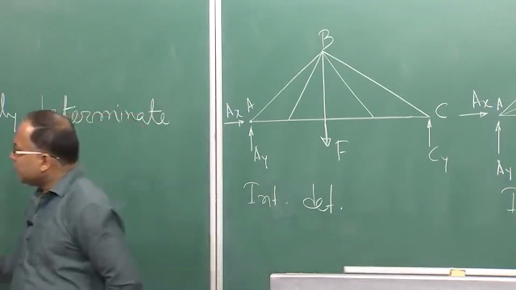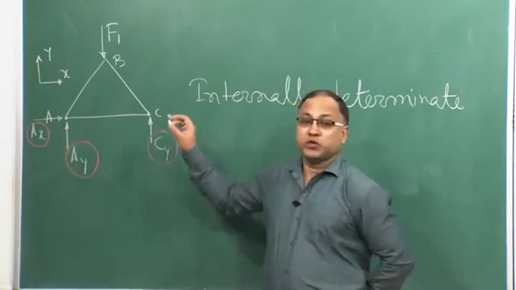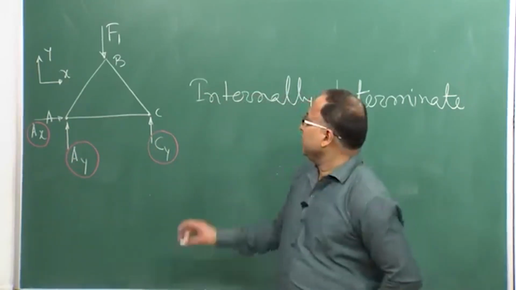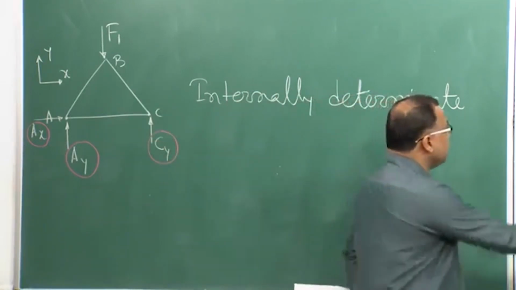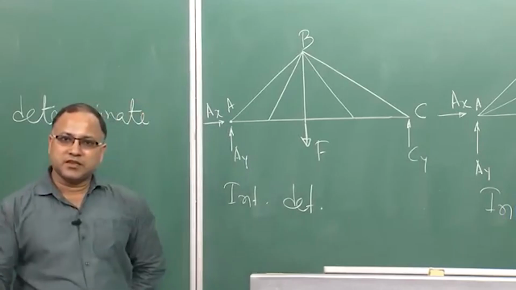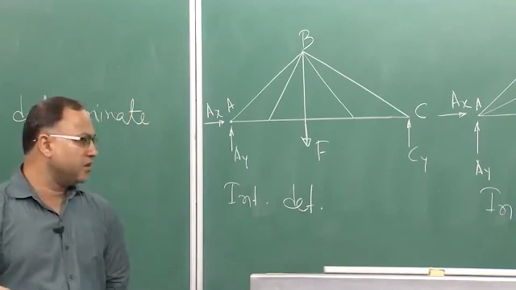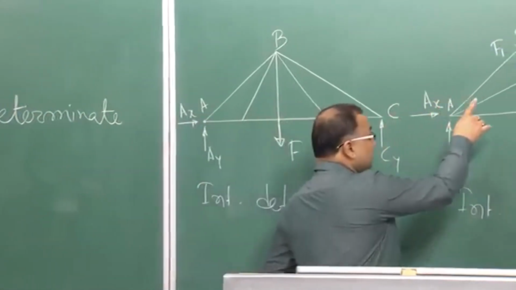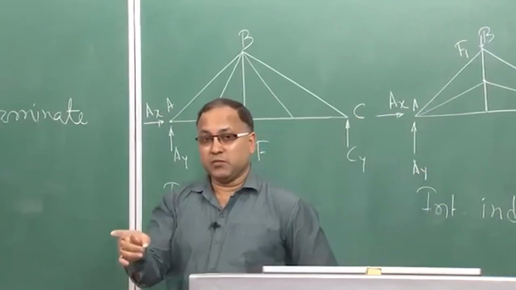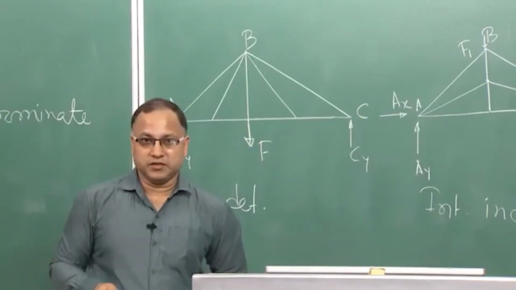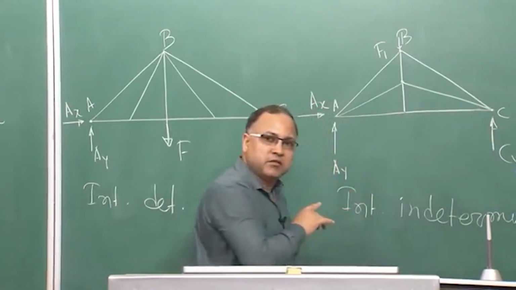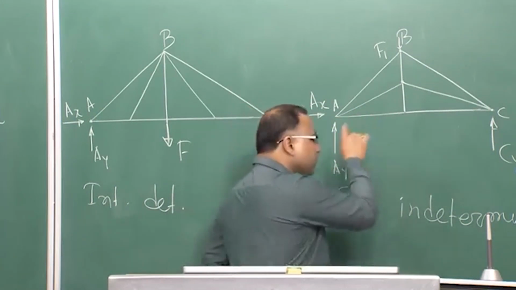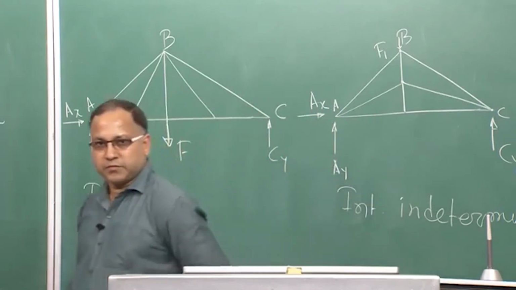So, externally determinate means you can manage to get all the support reactions, internally determinate means you manage to get all the member forces. Similarly, this structure is also externally determinate as well as internally determinate. This structure is externally determinate, but internally indeterminate, because you can find out all the support reactions, but you cannot find out all the member forces.